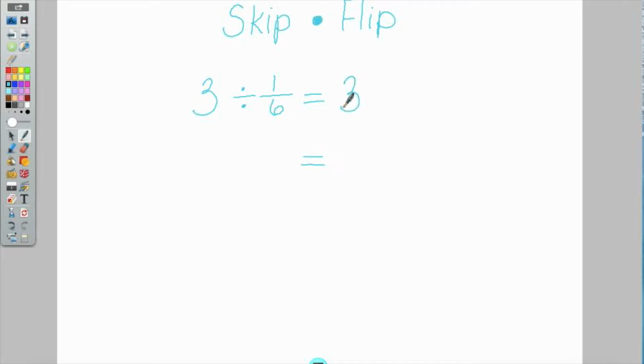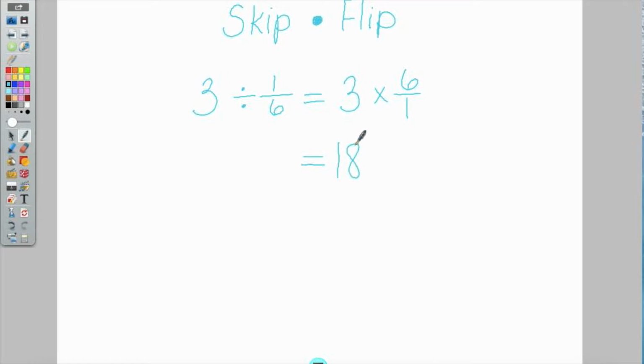Good. Dot. Vaughn, what does the dot mean? Multiply. Good. 3 times. All right, the next one is Dara. What does flip mean? You flip the 1/6 around. So it becomes 6/1, which is 6 divided by 1, which is 6, right? So 3 times 6 is?